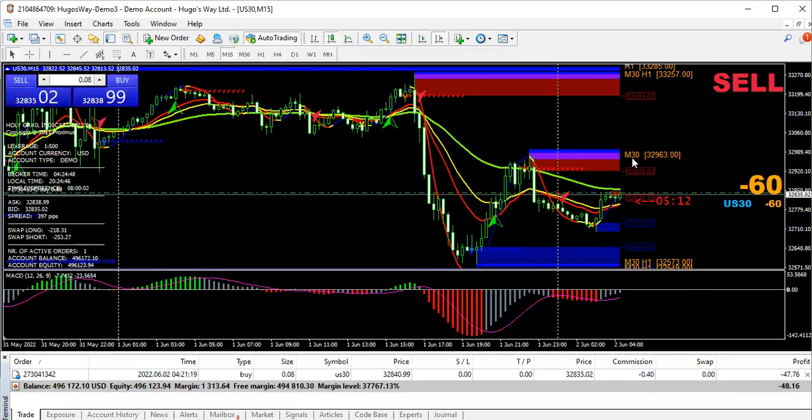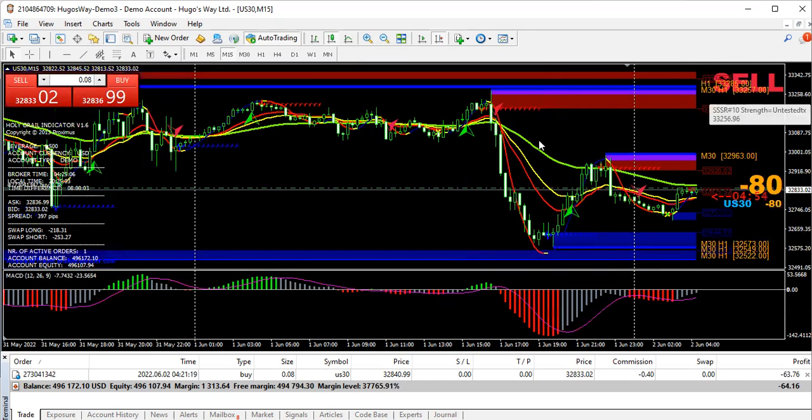Here it struggled on the 30-minute to get past this. Here it struggled on the 30-minute and the 1 hour. And here, what time frame is that? On the 1 hour. Okay.